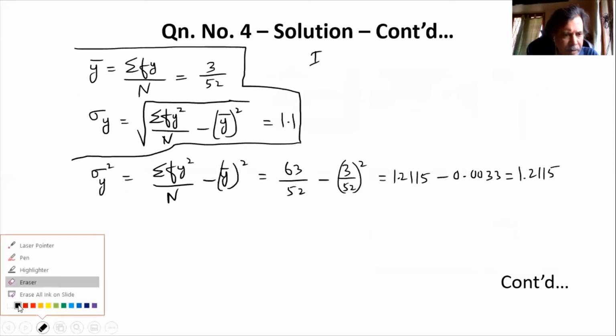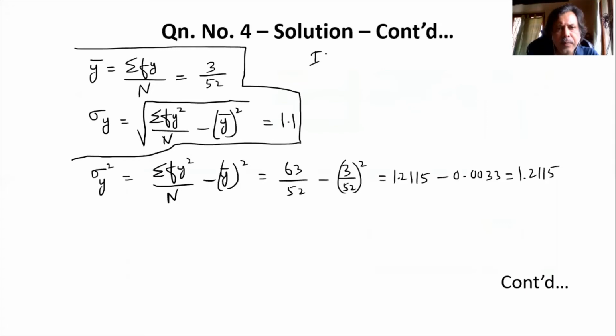If we have y equal to a plus bx, then as a property of measures of dispersion, standard deviation of y is modulus of b times standard deviation of x.